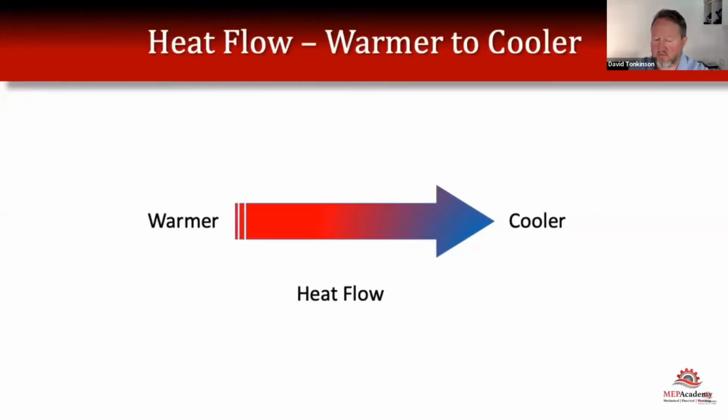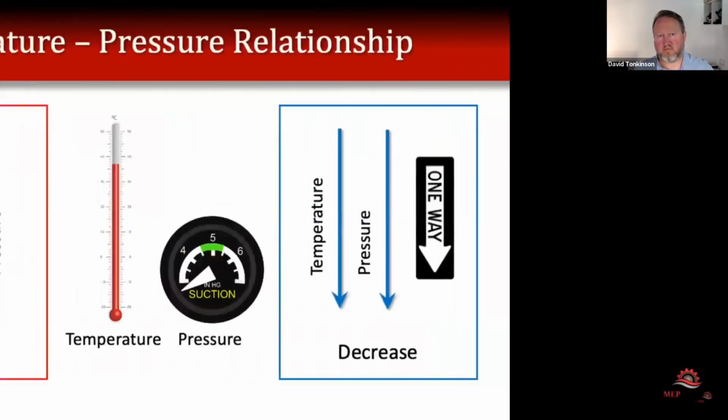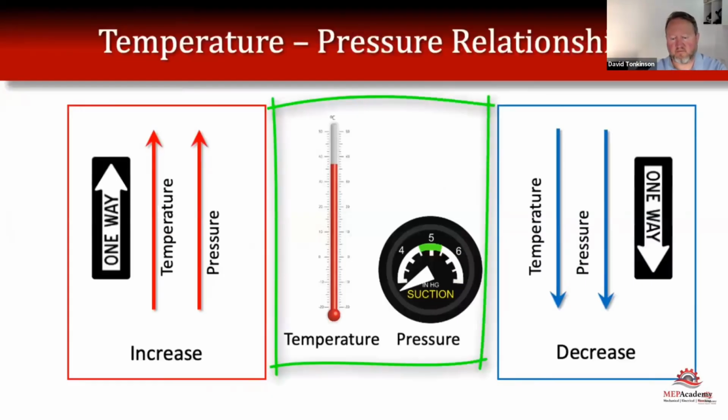Heat flows from warmer medium to cooler medium. It always flows in one direction, from the warmer to the colder. To understand the compressor, you'll need to understand the relationship between temperature and pressure. It's very simple, as they act in the same direction in the refrigeration cycle.